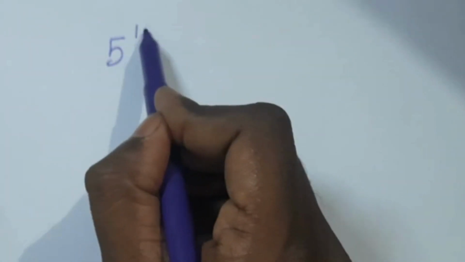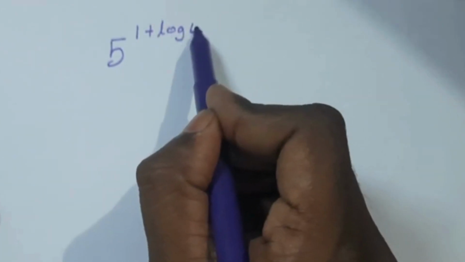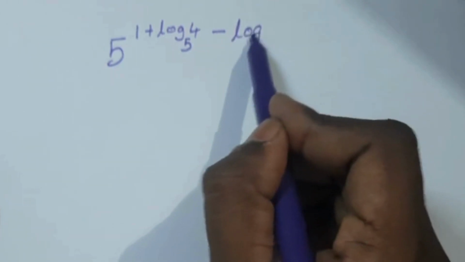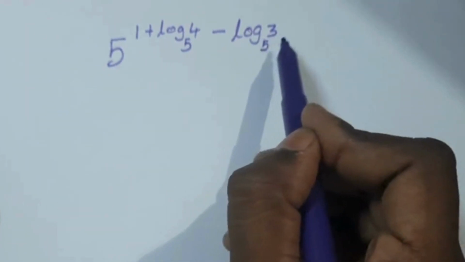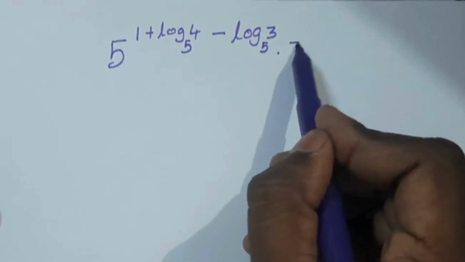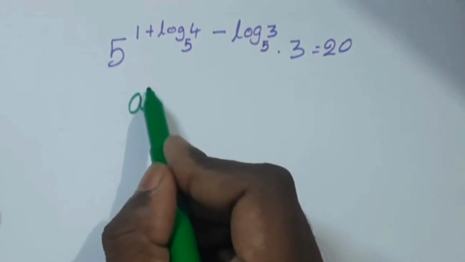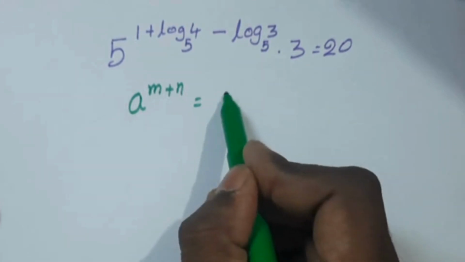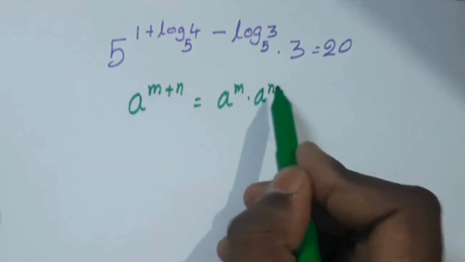So 5 to the power of x, x value is 1 plus log 4 base 5 minus log 3 base 5, into 3 equal to 20. A power m plus n equal to a power m into a power n.